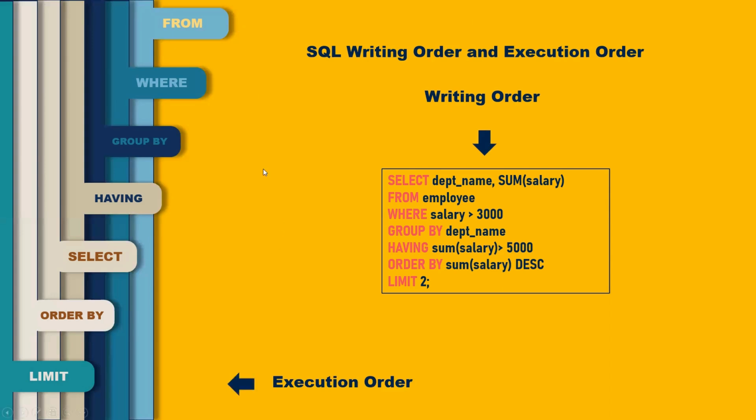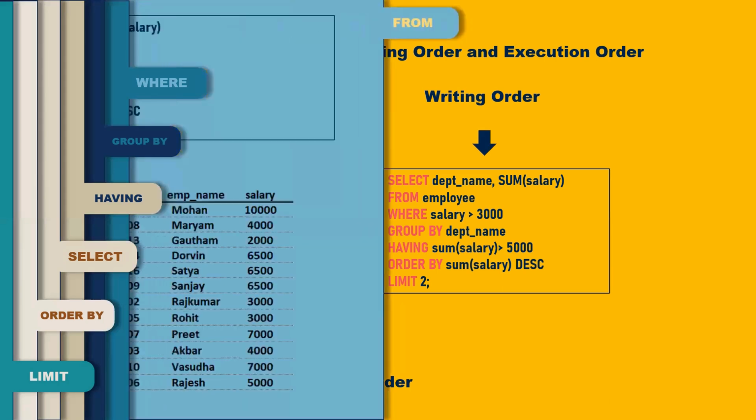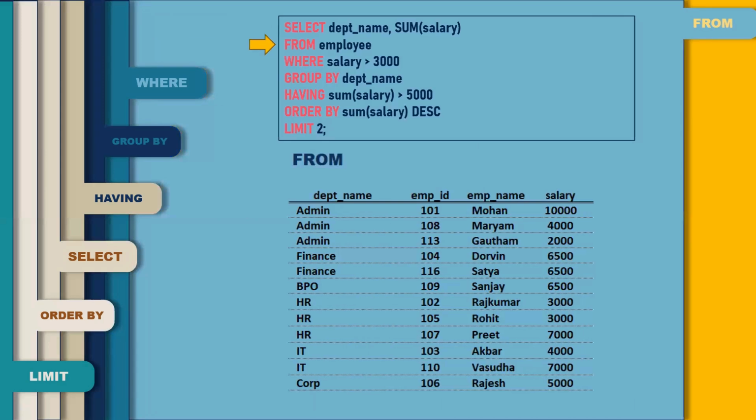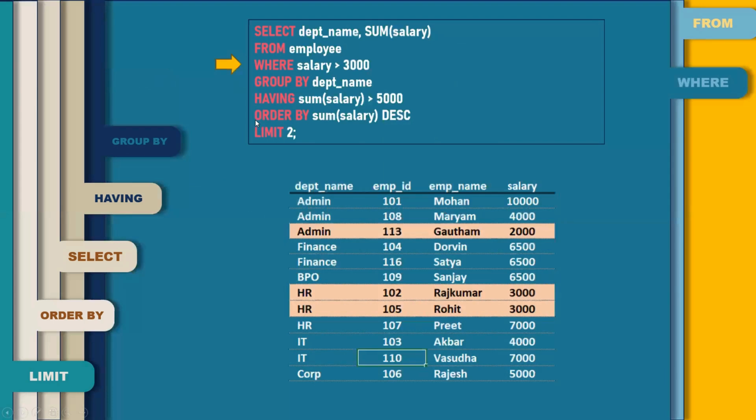First it comes from clause, then where, group by, having, select, order by, limit, and we'll see how the from clause will work here. So first SQL begins execution by identifying the table from which data will be retrieved. First it checks the employee data, all the records as shown below, and then the where clause. So the where clause we have written here filters the data based on the condition we have given.